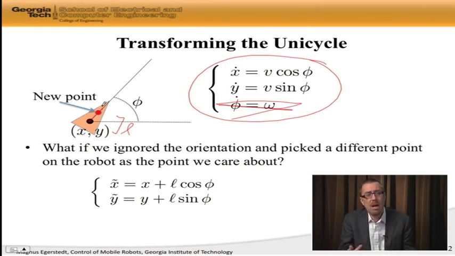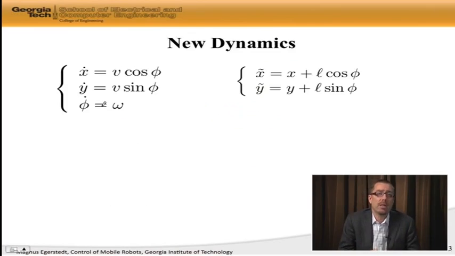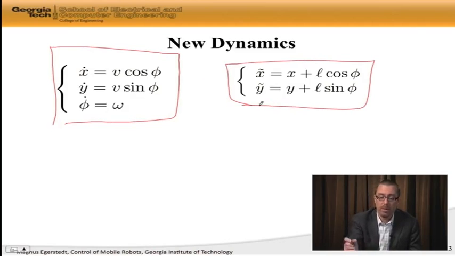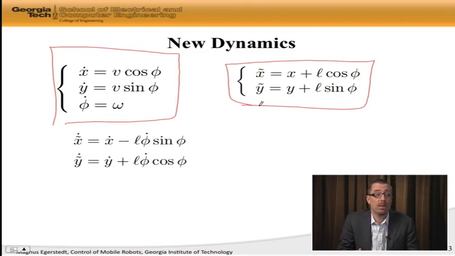Well, let's see what the dynamics of this new point, the tilde point, actually looks like. This is our old dynamics. This is how x, y, and phi actually behave. This is our new point. Now, what we need to do is put dots over the tildes to see what the time derivatives actually look like. Well, it's not so complicated.